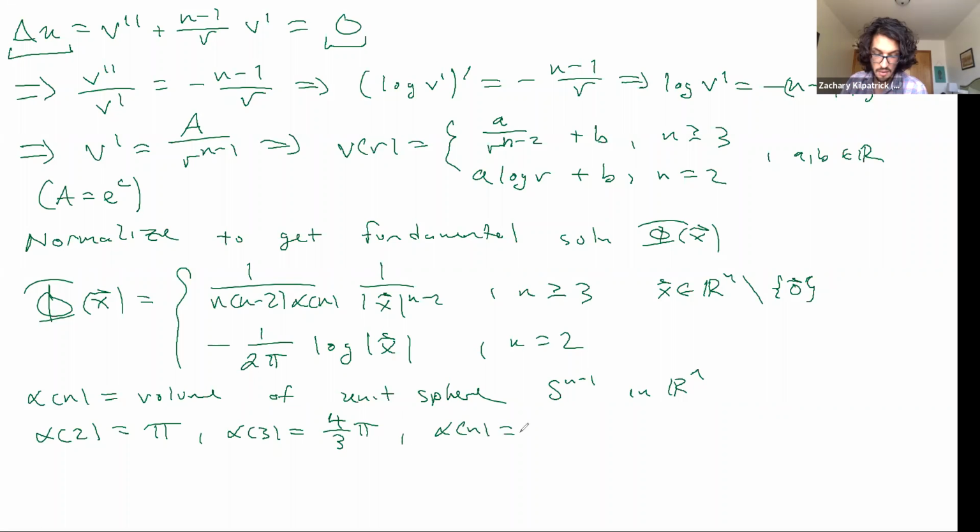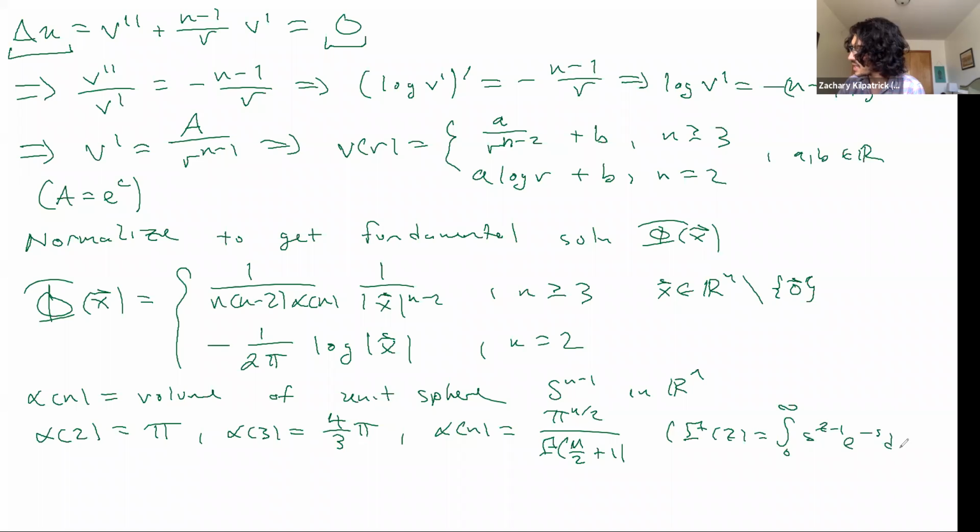Alpha n in general is equal to pi to the n over 2 over the gamma function of n over 2 plus 1. And what's the gamma function? Gamma of z equals the integral from 0 to infinity of s to the z minus 1 e to the minus s ds, okay? Gamma function, okay?